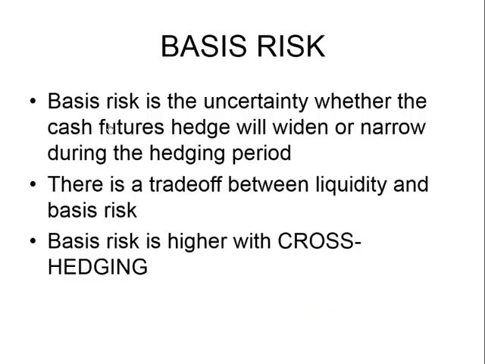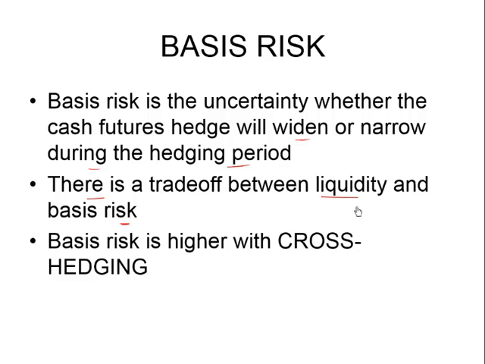Once again, basis risk is the uncertainty whether the cash and futures hedge will widen or narrow during the hedging period. There is a trade-off between liquidity and basis risk.